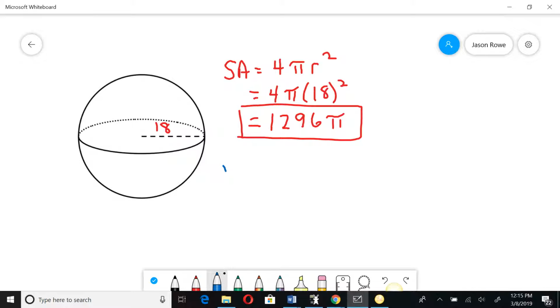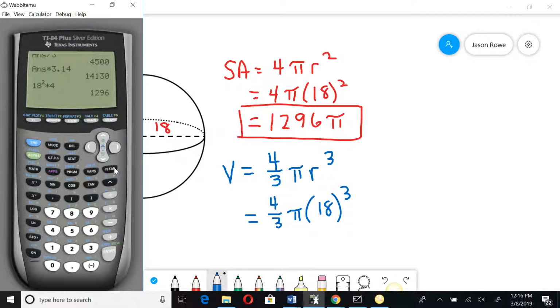So now let's take a look at the volume. The formula is 4/3 pi times the radius cubed. So this will be 4/3 times pi times 18 cubed. Remember, follow this order. We're going to do 18 cubed first. Hit enter on that.